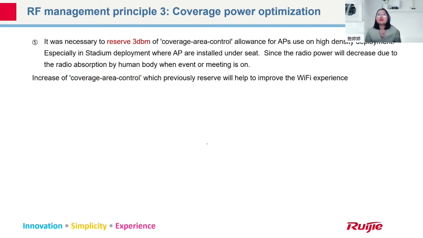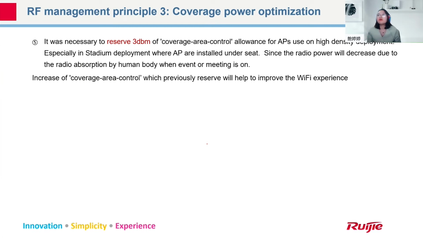And another one for the coverage power: it is necessary to reserve 3 dBm of allowance for APs used in high density deployment, especially in stadium scenarios, because the AP may be installed under the seats, and then when we test the radio power, we will find it is less than the normal value we tested in other places because of the human body when people are seated.